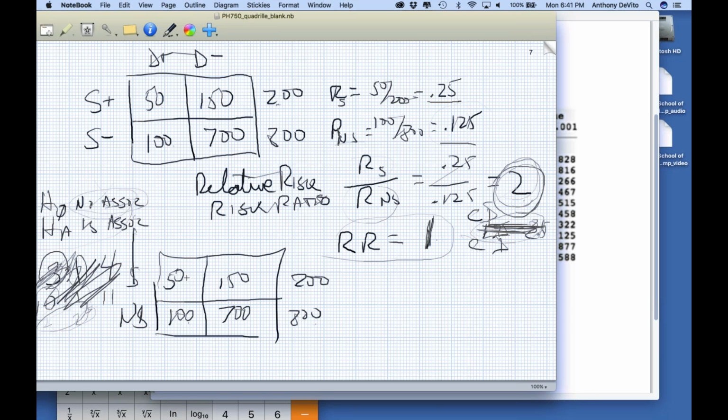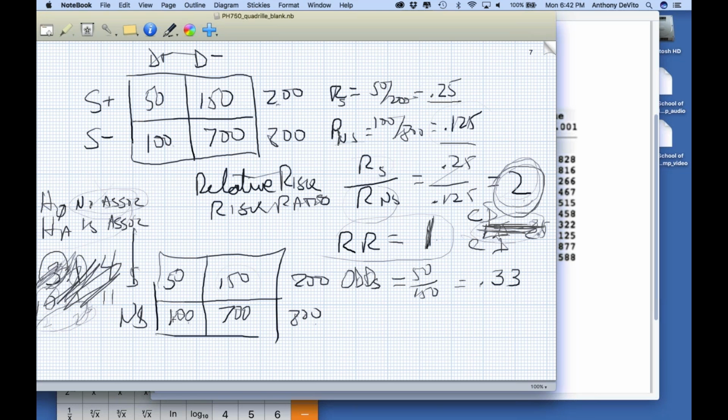We're going to say the likelihood of having lung disease versus the likelihood of not having lung disease within that group. So the odds for smokers are equal to 50 over 150, or 1 over 3, or 0.33. A little bit different number than we got up there at 0.25, isn't it? But it's calculated a little bit differently.